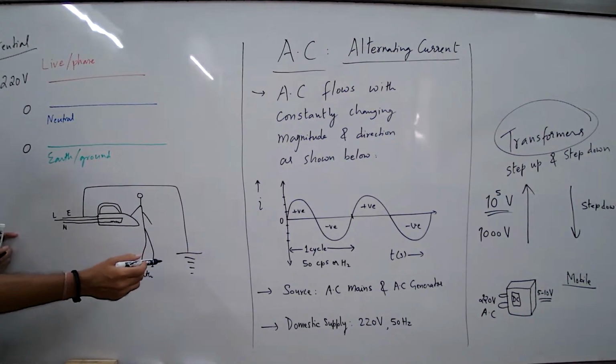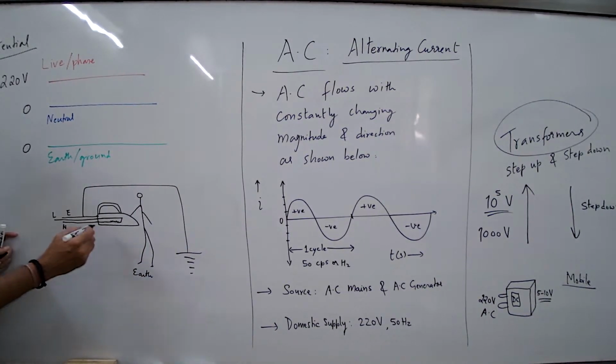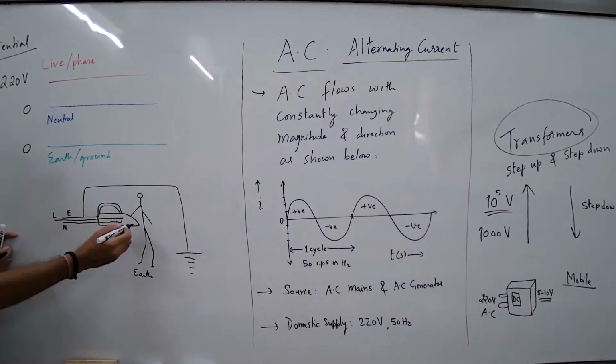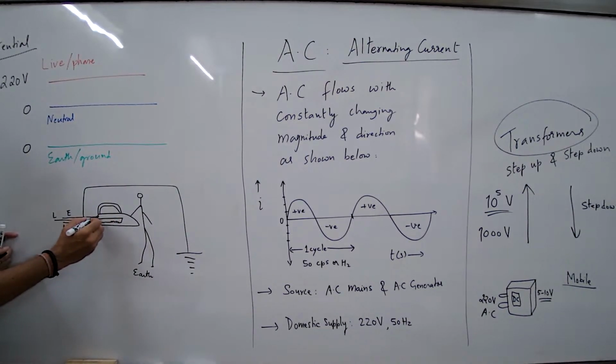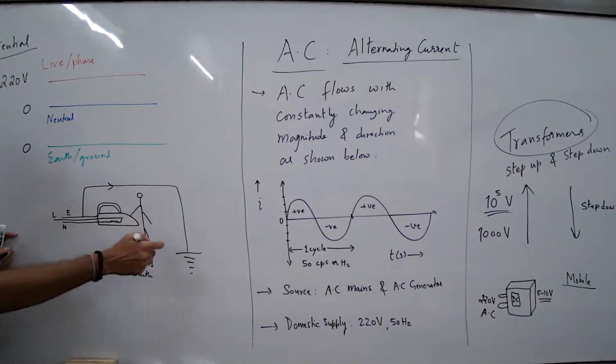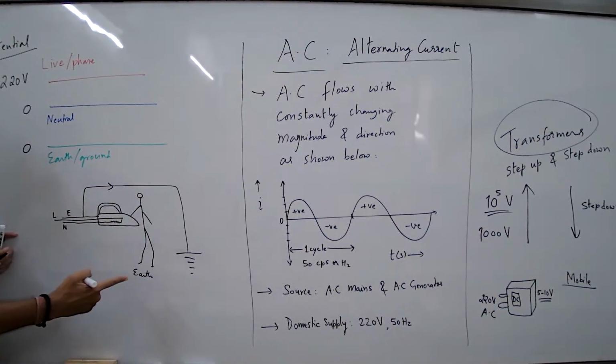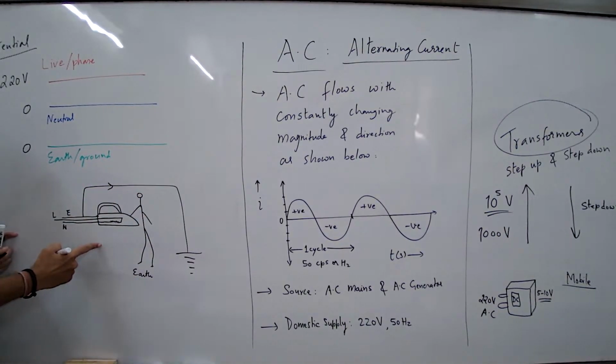Earth is a very good conductor as compared to us. So this current which is available in the body of the appliance will go fast to the earth rather than through us. That's how it works. Understood? So earthing is a safety mechanism, nothing else.